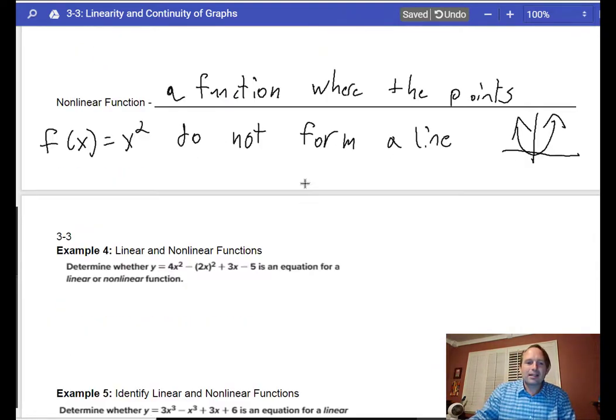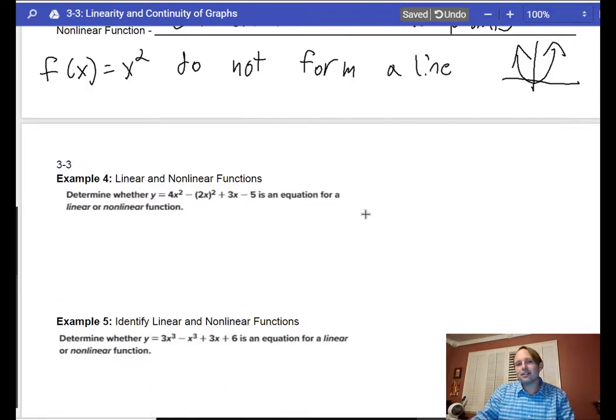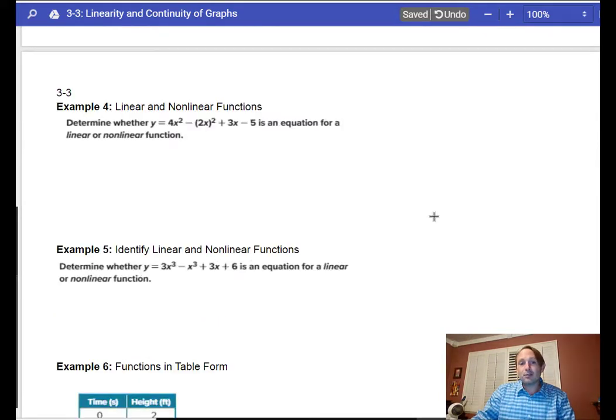So, example 4, linear and nonlinear functions. Determine whether f of x equals 4x squared minus 2x squared plus 3x minus 5 is an equation for a linear or nonlinear function. Right now, a linear function looks like this: y equals mx plus b.